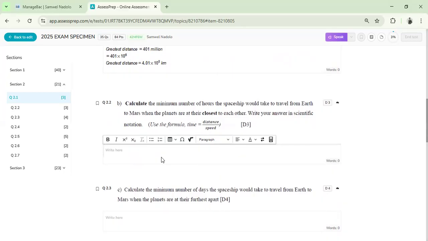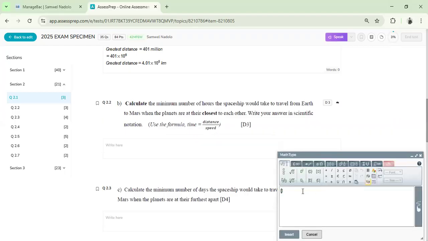So you'll go directly to the formula, since time is given by distance divided by speed. So they need the number of hours it will take to reach Mars when they are closer to each other.